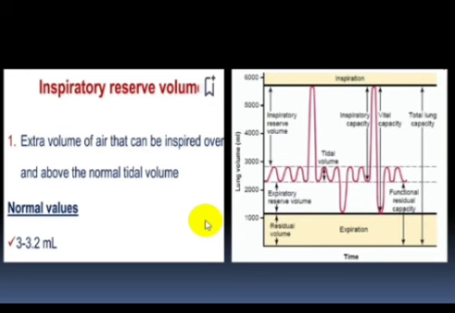This is the volume of air inspired forcefully after or during normal breathing. Inspiratory reserve volume is the volume of air inspired forcefully during normal breathing. Okay? You take in air forcefully.